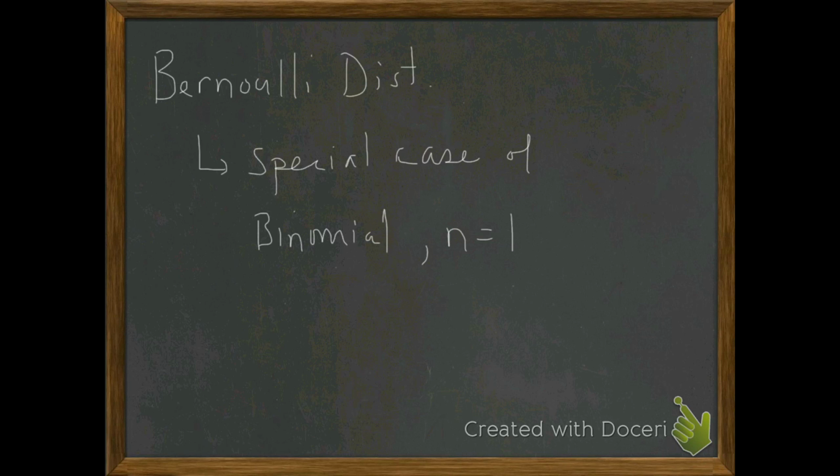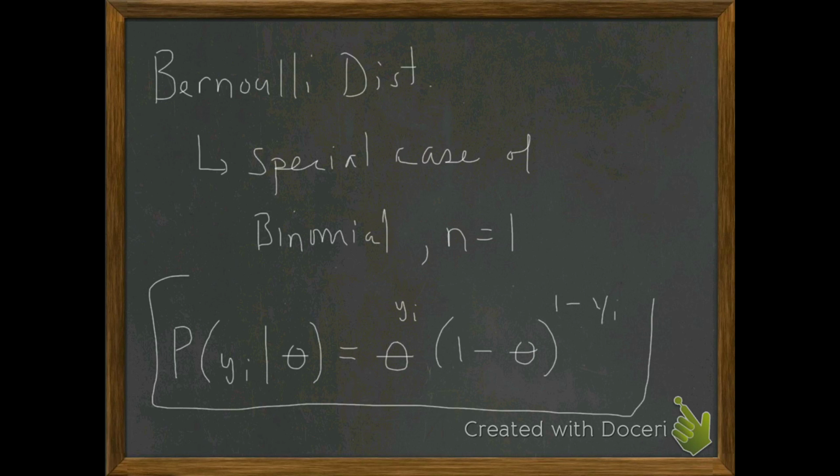Where n is equal to 1. And it turns out that the Bernoulli distribution can be looked at as this. All right.